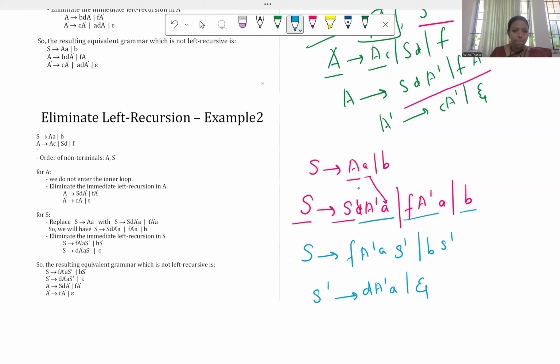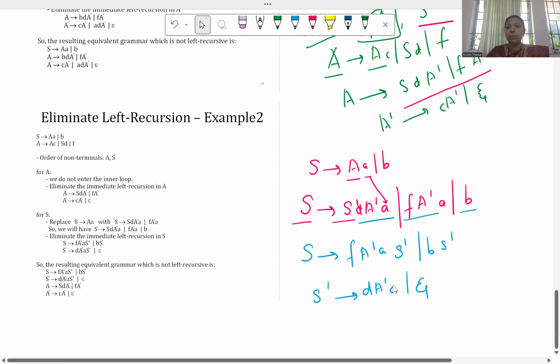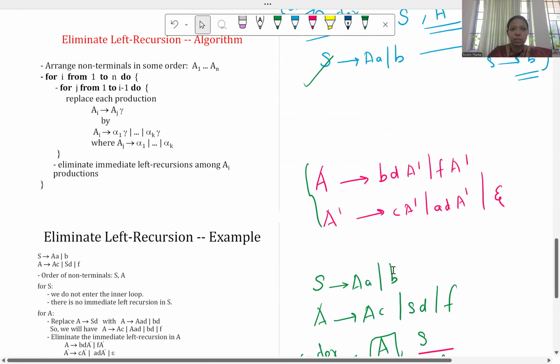So I hope you got it. S dash is DA dash A, and epsilon. This is how we have to eliminate the left recursion even if there is no direct left recursion. So hope you got it.